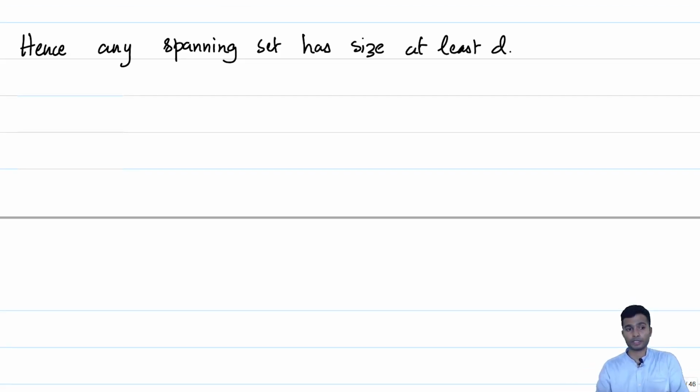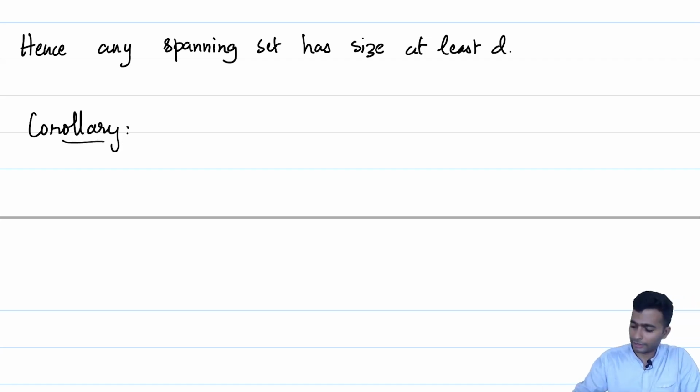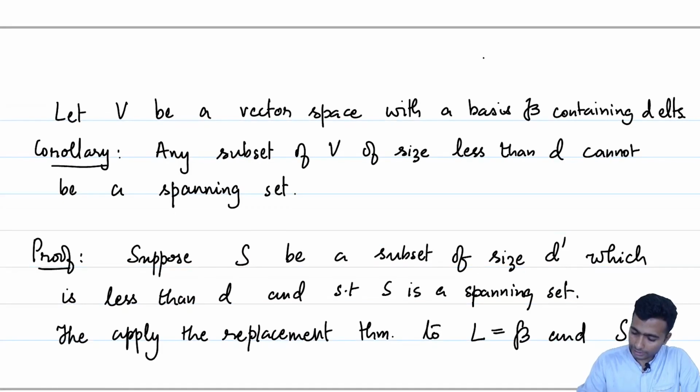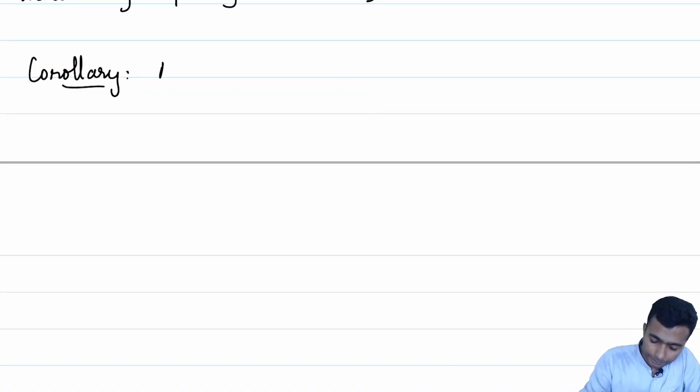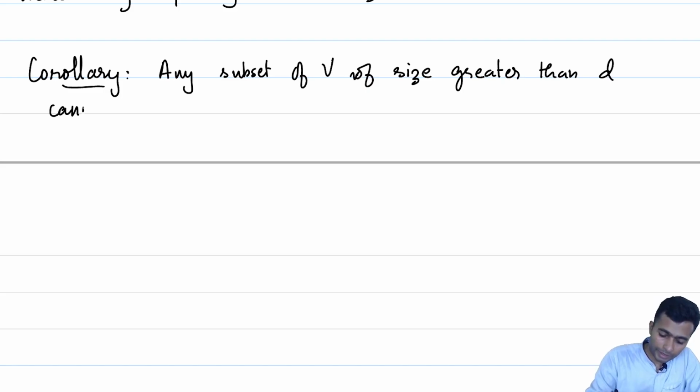Any set of size greater than D cannot be linearly independent. So let's look at another corollary, in a similar vein as this one. This said that any subset of V of size less than D cannot be a spanning set. The next corollary tells us that any subset of V which has size greater than D cannot be a linearly independent set.